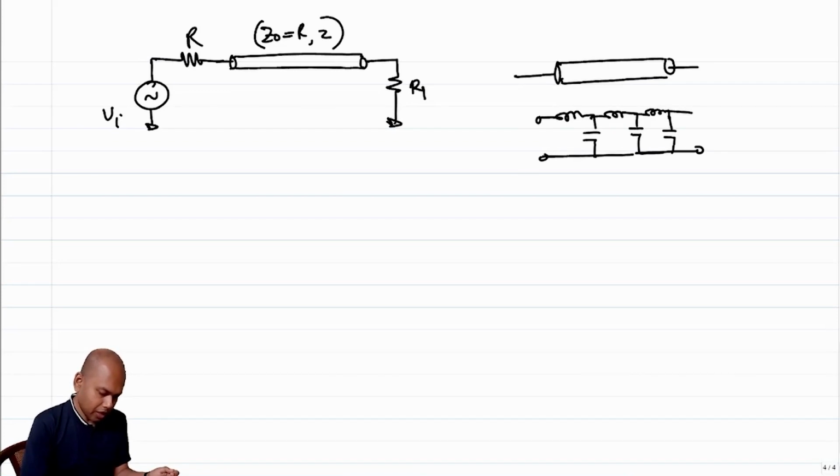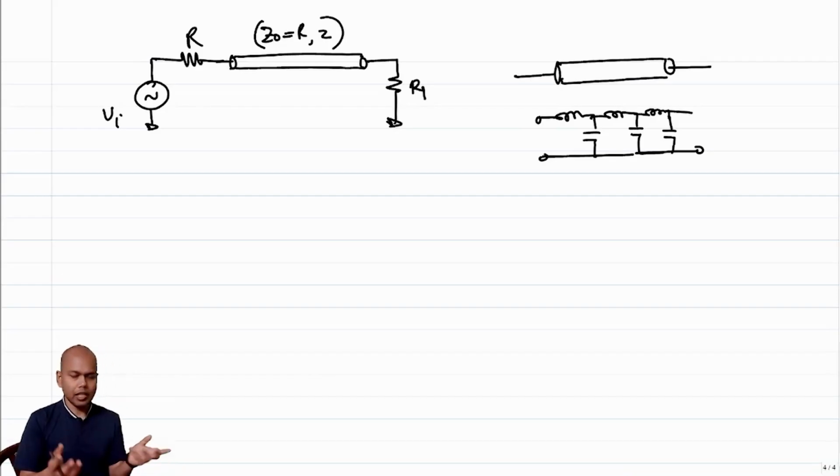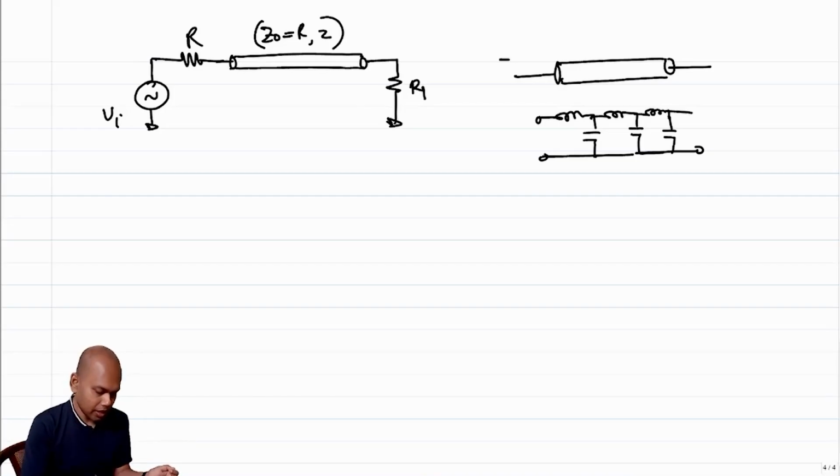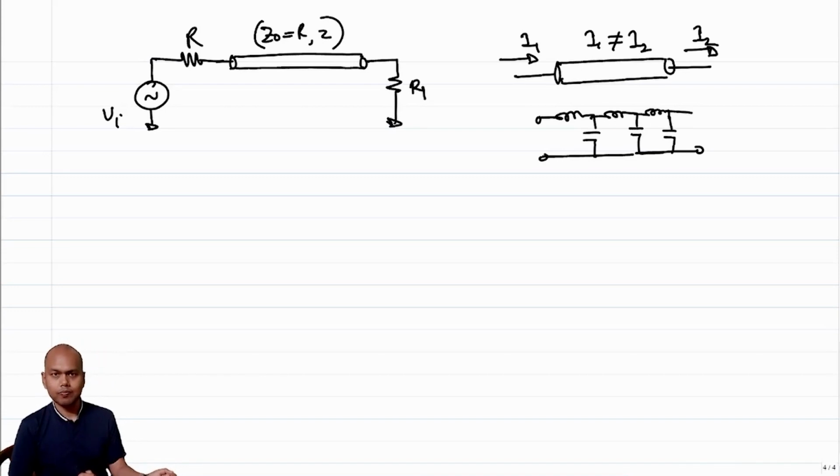The return path, if it's a coaxial cable, is the body. So when I draw a transmission line like this, it does not mean that the current going in, I1, is the same as the current coming out, I2. I1 need not necessarily be the same as I2. Okay.